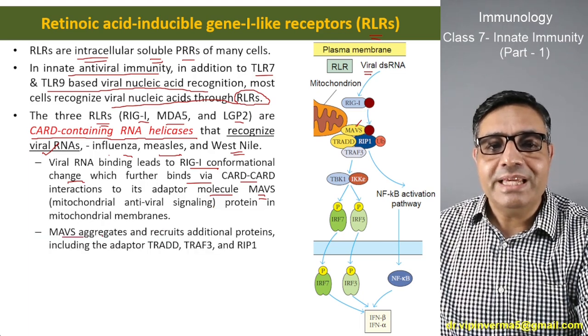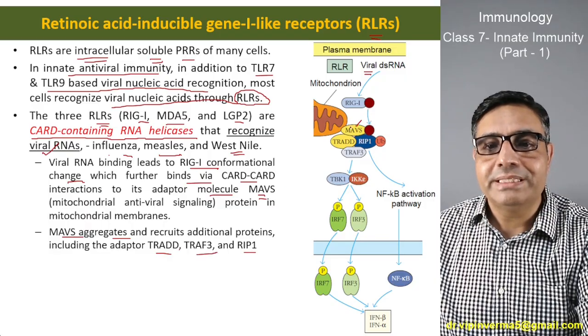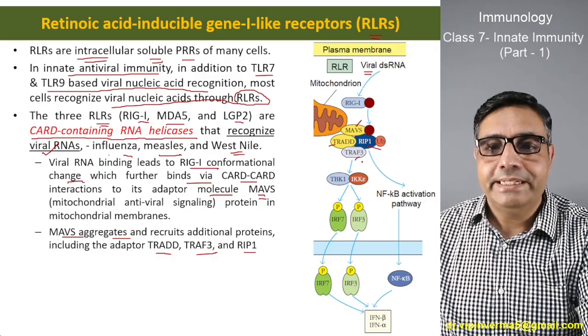These MAVS aggregate and recruit additional proteins including the adapters TRADD, TRAF3 and RIP1.